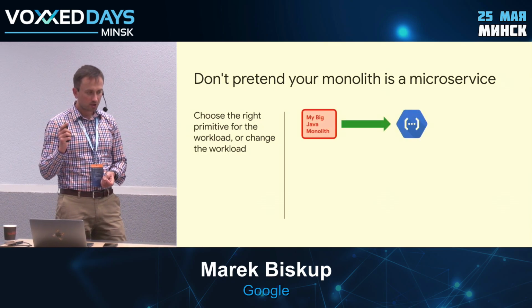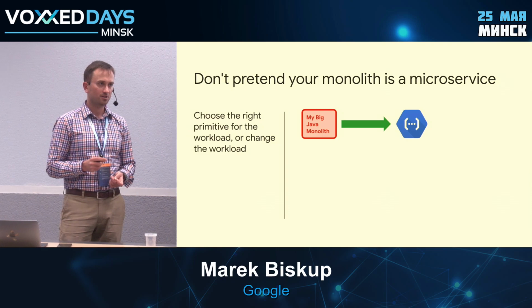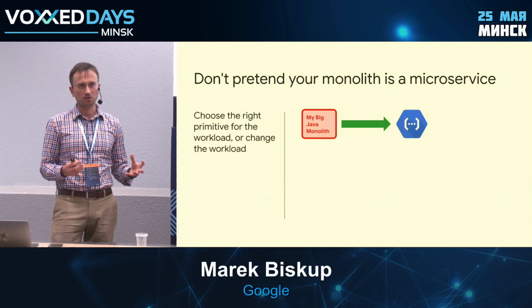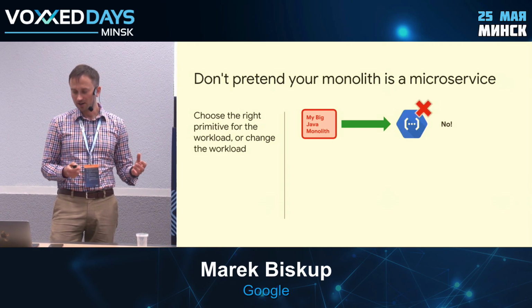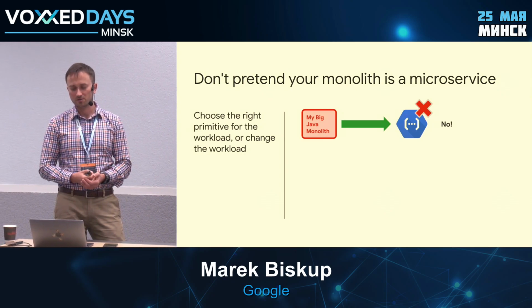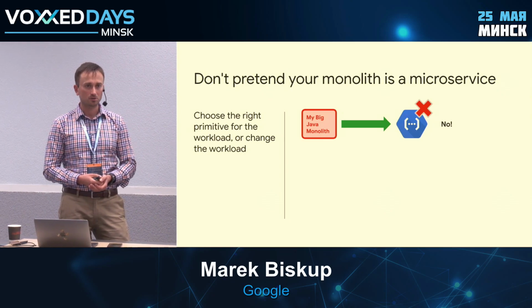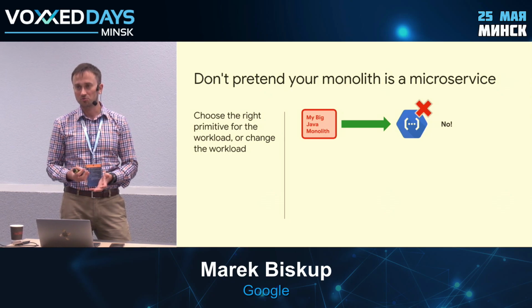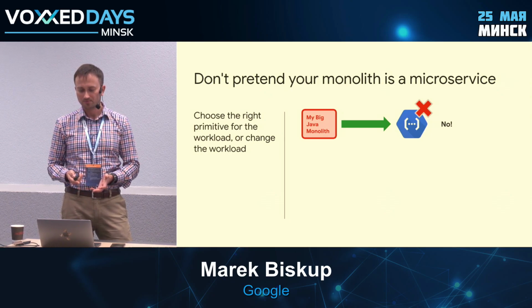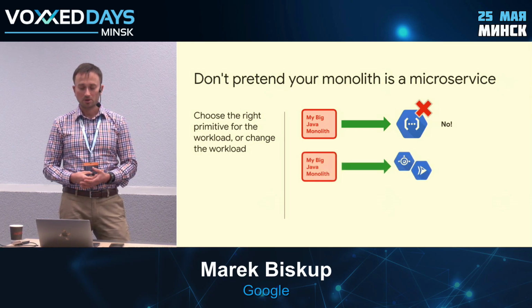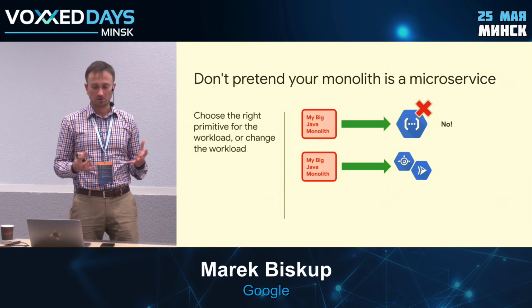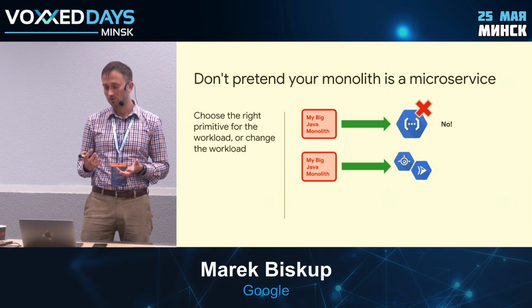So the thing to remember here is that you should probably not pretend that your large monolith is actually a microservice. Is it fine to run such things on Java, on Google Cloud Functions? Probably not, because it will take very long to cold start. So maybe you should run this large monolith on Cloud Run or App Engine.